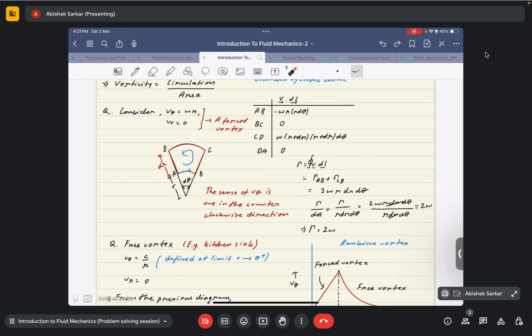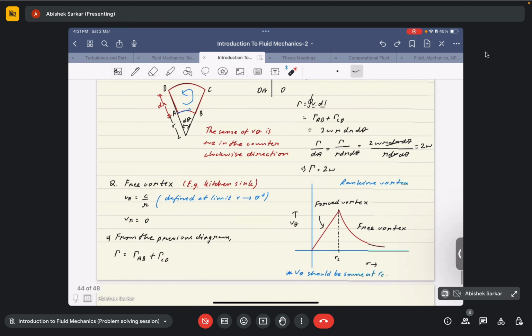Okay, so just divide the net circulation by r dr d theta to get that the net vorticity in this particular line element is given by 2 omega. Okay, so I hope this was clear.